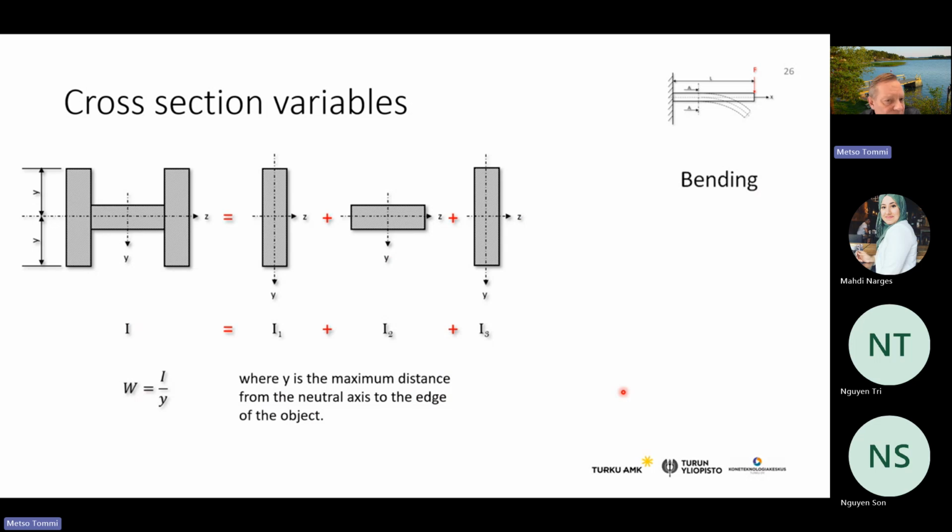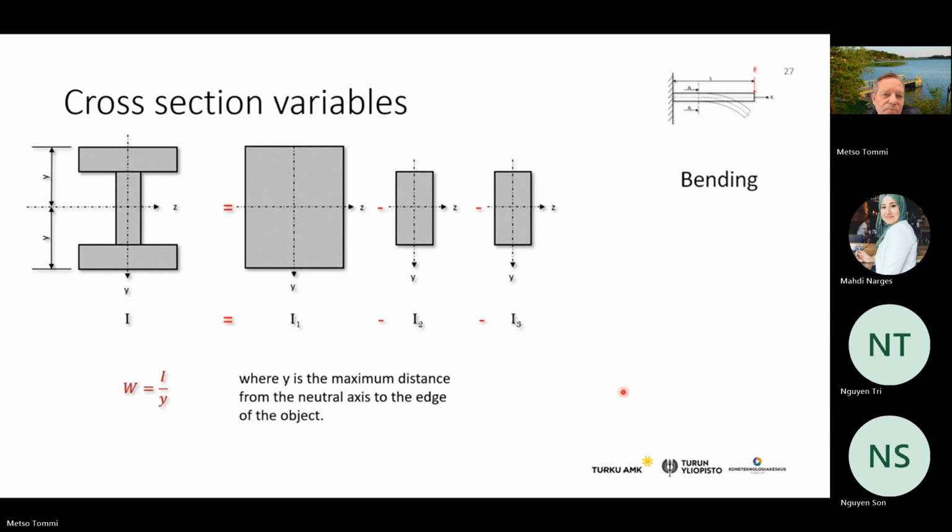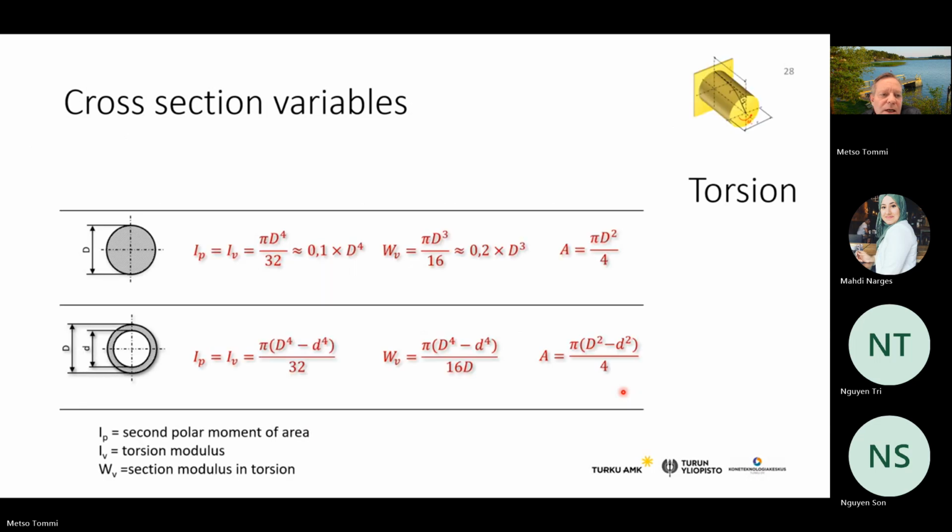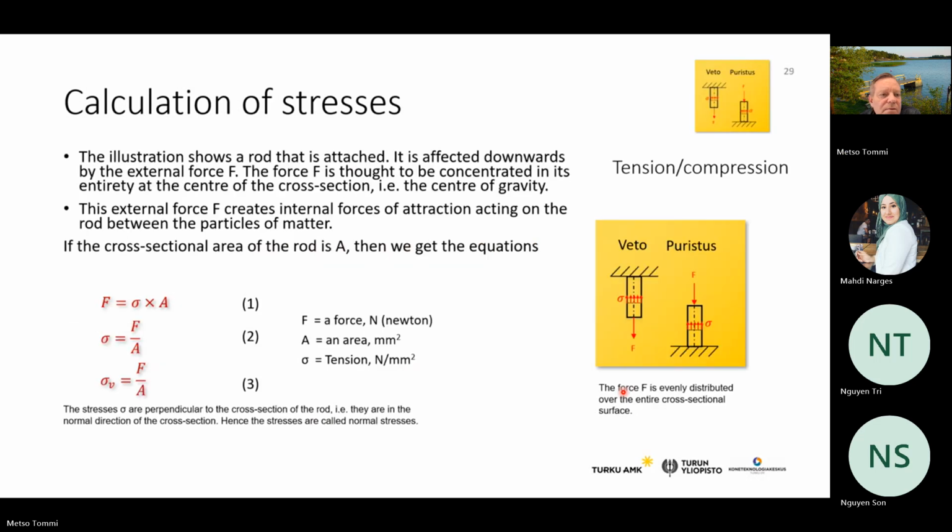The bigger the cross-section value is, the less the beam is bending. And also in torsion we calculate, but the equation is a little bit different in torsion. This is normal force calculation. It's something that we start from.